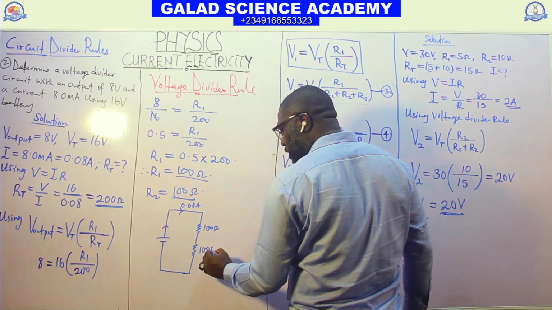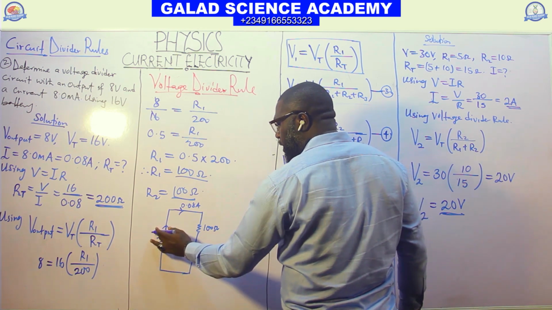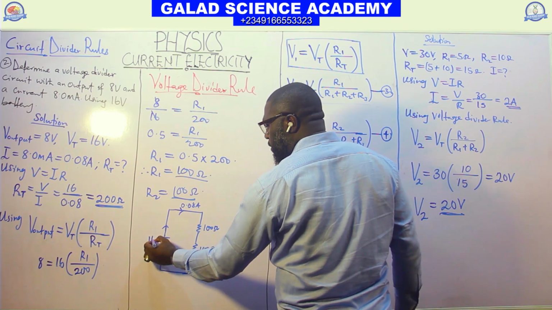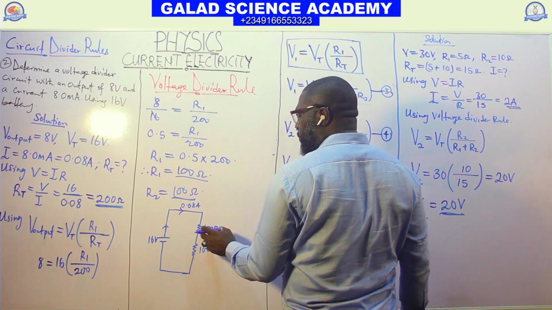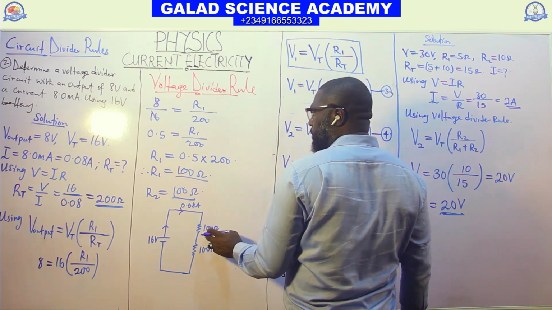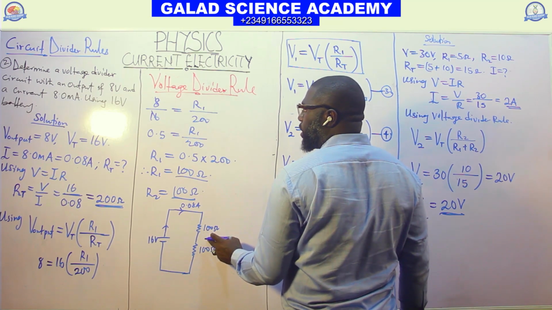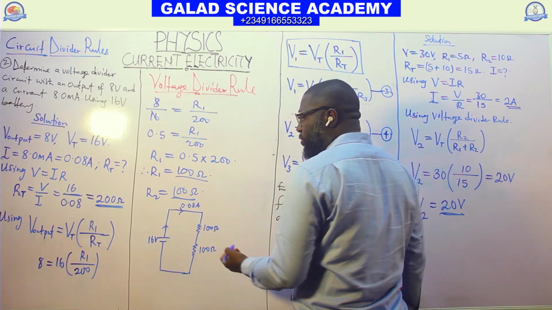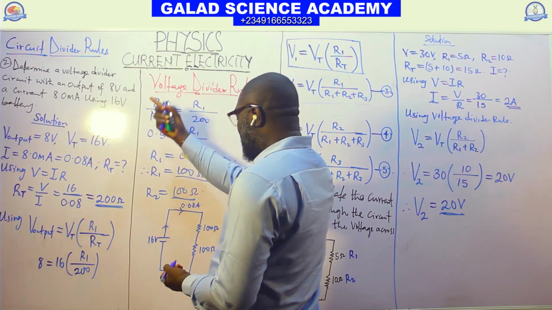Resistor here is also 100 ohms. And the voltage here is 16 volts. The voltage drop for the output.